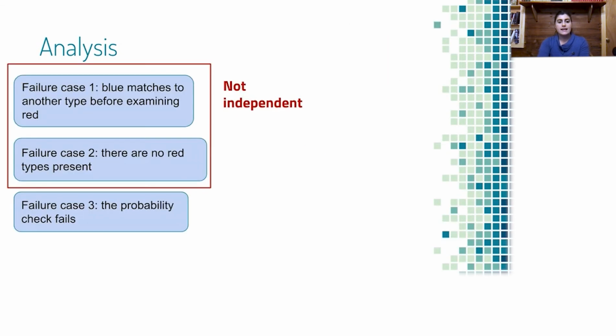And the second case also has to do with the presence of types in the market because it has to do with the presence of red types. And of course, the presence of red types and green types may well be correlated because maybe they really like to match to each other. So we have to think about how we can upper bound these failure events in a way that makes them independent and ensures that we still have enough of a success probability that we're getting a reasonable expectation.